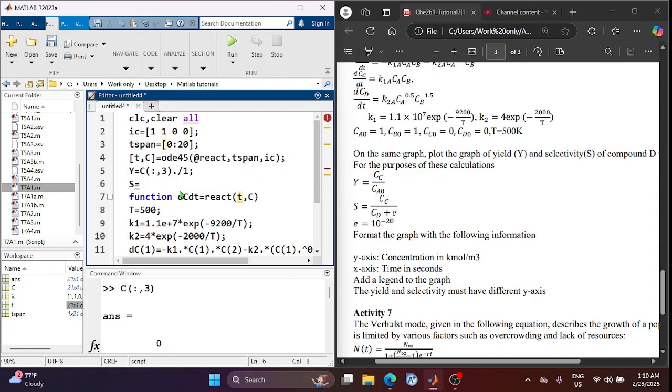And then the selectivity is equal to CC, because C was the third one, A, B, C, D. C was the third one, over CD, so that's going to be 4.